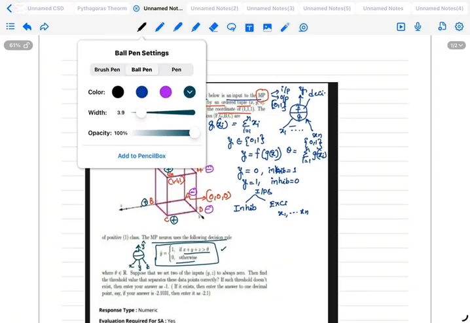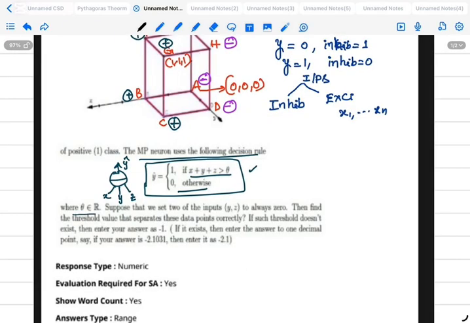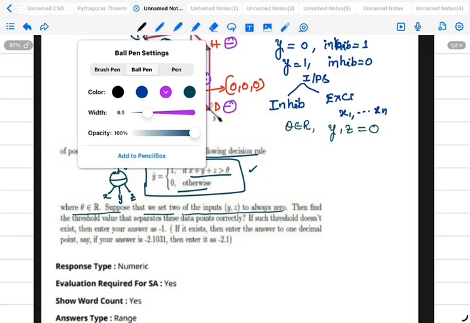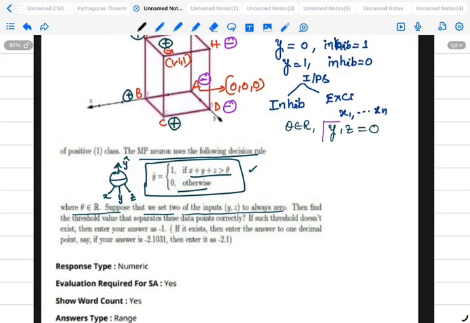Here theta belongs to R. Suppose that we set two of the inputs, y and z, to always be 0. You can remember this, it is very important: y and z are always 0.